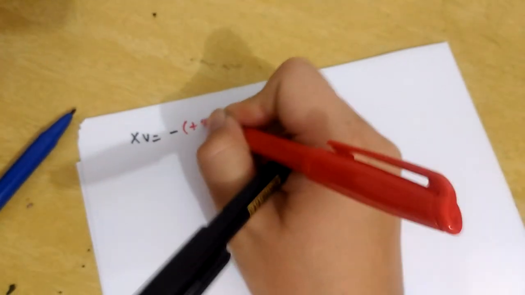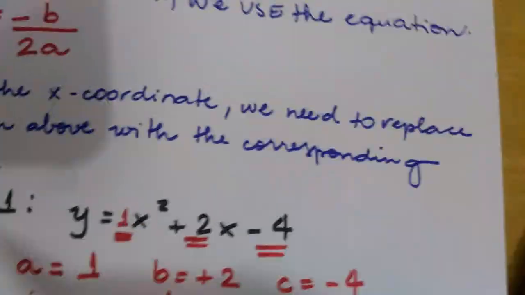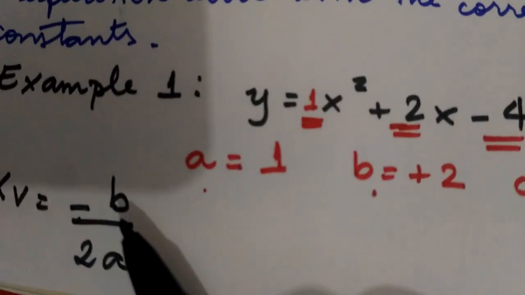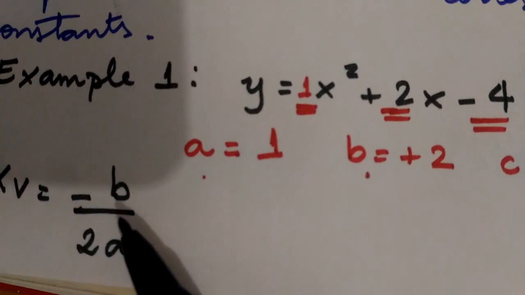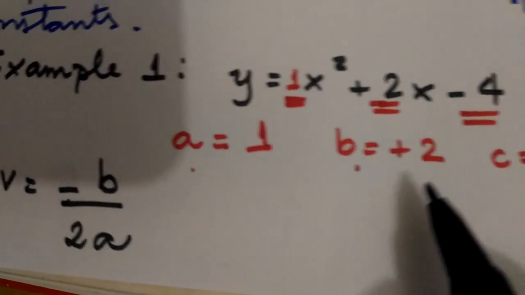So who's negative b? B is 2, so in the place of B, I'm putting the value for B. So I'm changing B for positive 2.